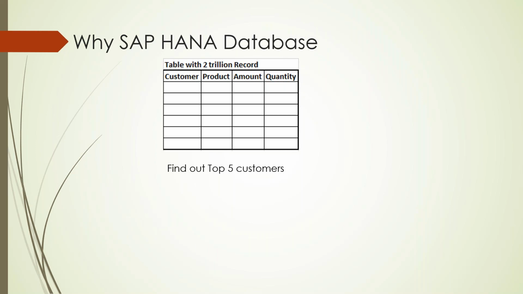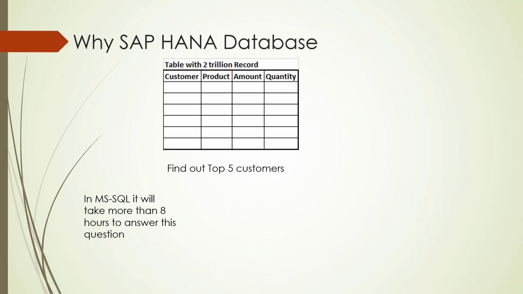I'm executing a SQL statement to find out the top 5 customers based on the amounts. In Microsoft SQL, it will take more than 8 hours to answer this question because it will scan all 2 trillion records, and then after a few hours it will provide you the result.